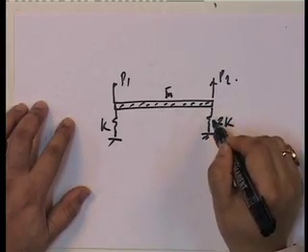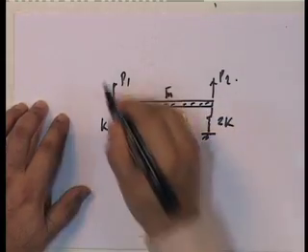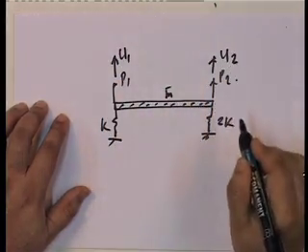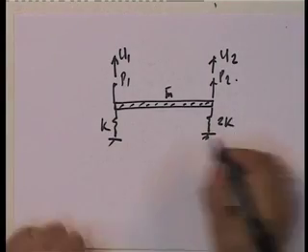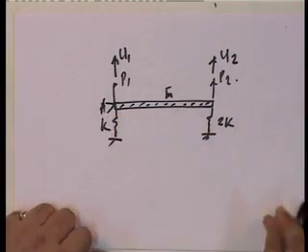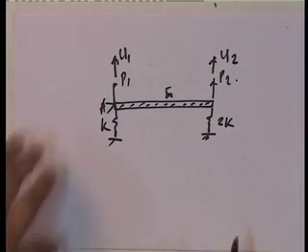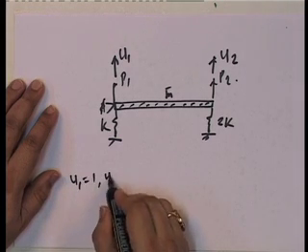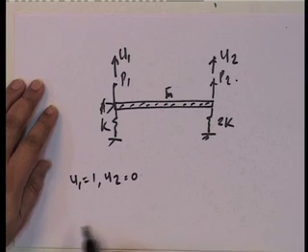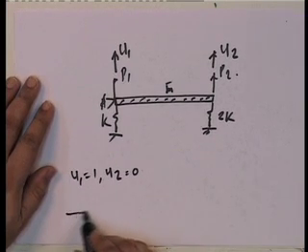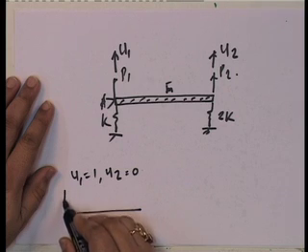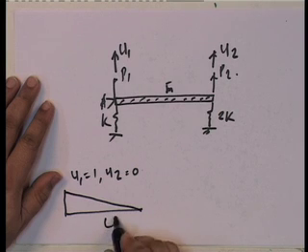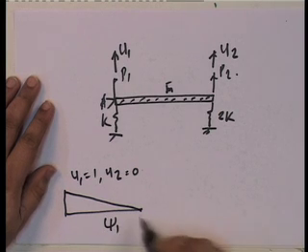Now instead of defining degrees of freedom at the center u x and u theta, I will define u1 and u2. These are my 2 degrees of freedom. Note that it can't move in this direction. How is this different? Well, you see, when I put u1 equal to 1 and u2 equal to 0, what kind of a displacement pattern do I get? I get u1 equal to 1, u2 equal to 0. This is the displacement pattern. This is my xi1. Okay?